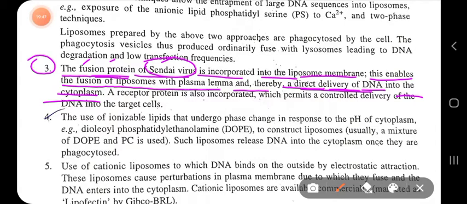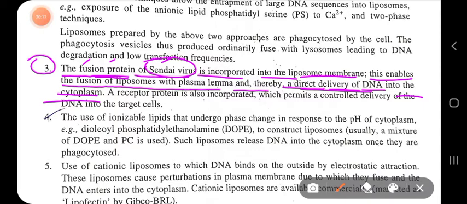That's okay, but your DNA is naked. So we have to protect our DNA. That's why direct DNA is not used. A vector is used with the DNA so that it can target that DNA into the nucleus where it will fuse.